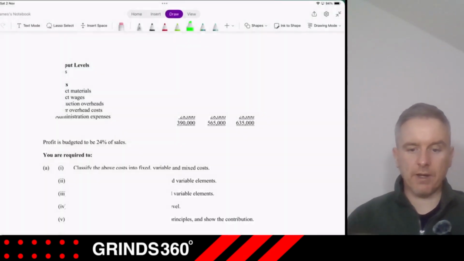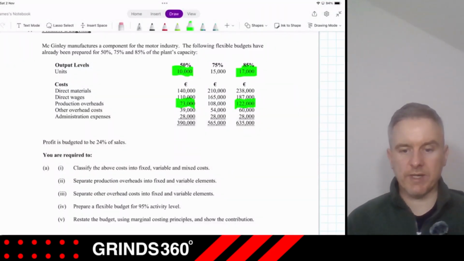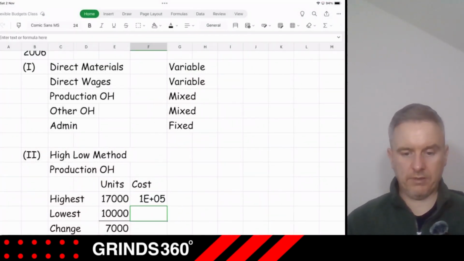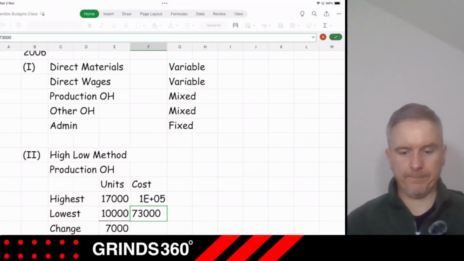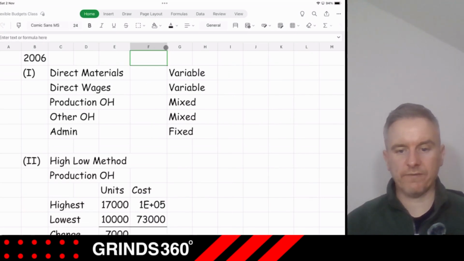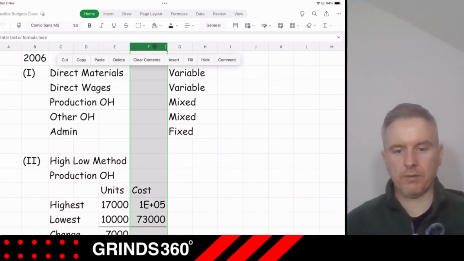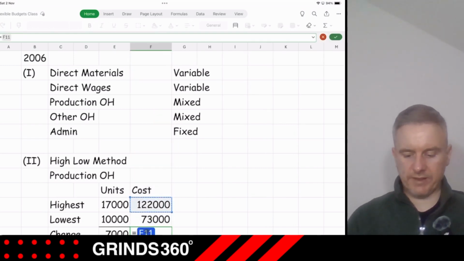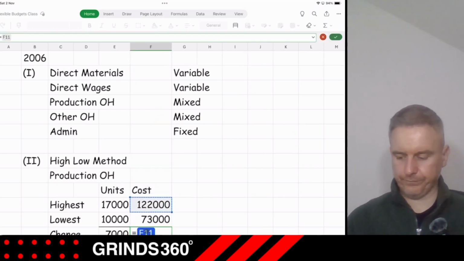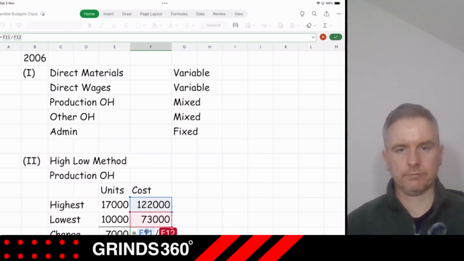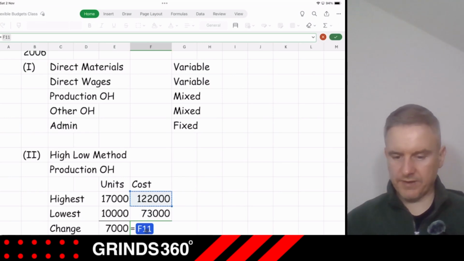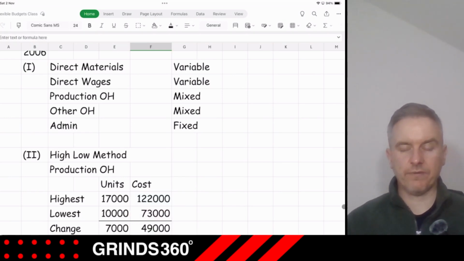So the difference in the cost then, so we had 122 and 73. Okay, so our difference here, when we look at the difference in the number of units and the difference in the cost, the change in my cost is 49,000.